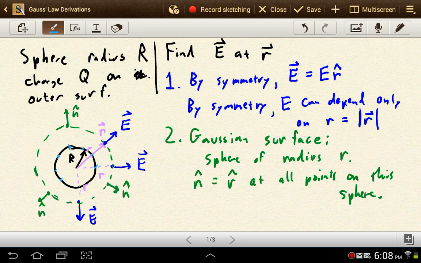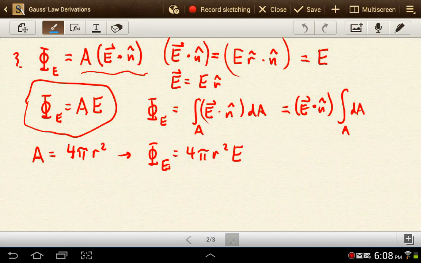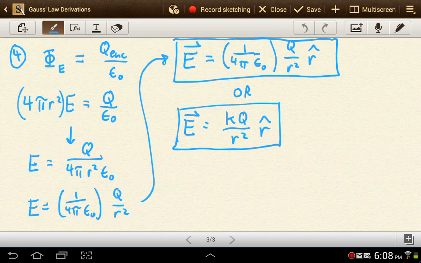These little blue dots I'm drawing are where the capital Q charge is. They're inside the Gaussian sphere if the Gaussian sphere is bigger than the solid sphere. So these are true if little r is greater than big R.